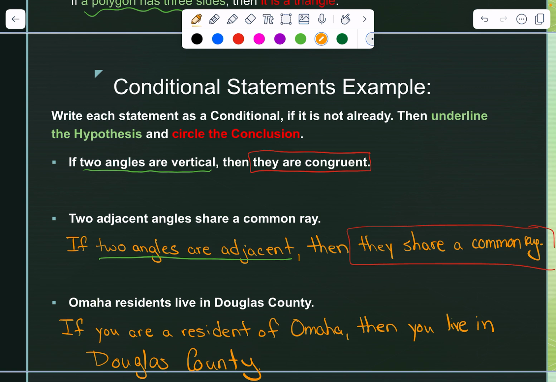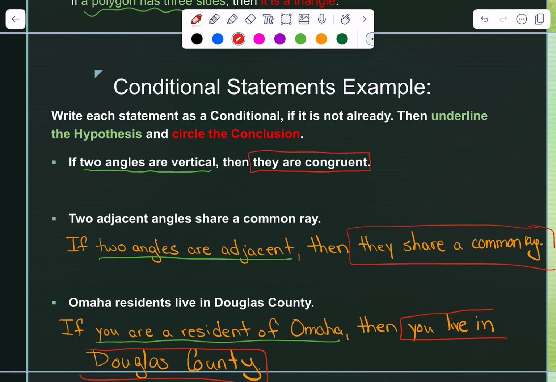Okay, so let's go through and underline our hypothesis. You're a resident of Omaha. We're going to look for our conclusion. You live in Douglas County. Okay, so that is how we write a conditional statement.